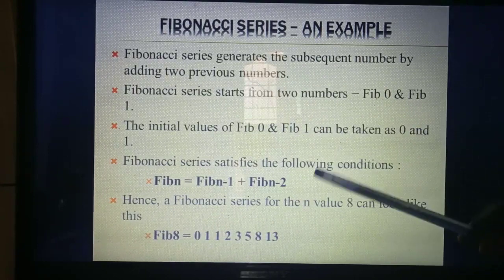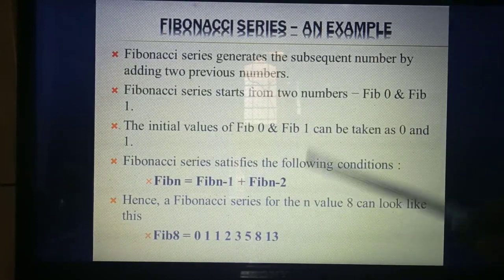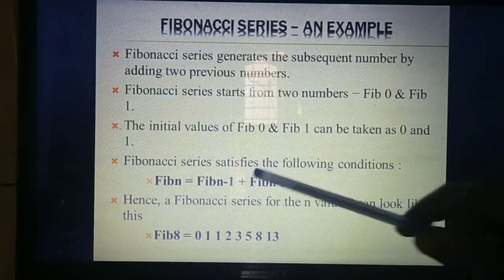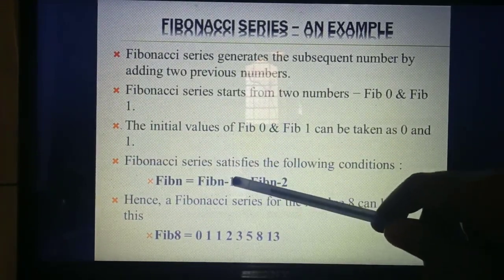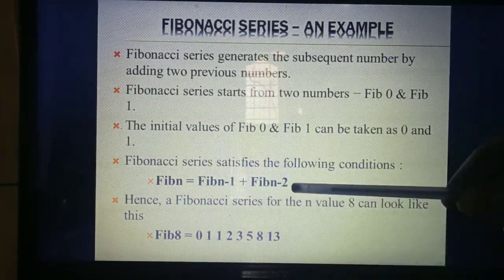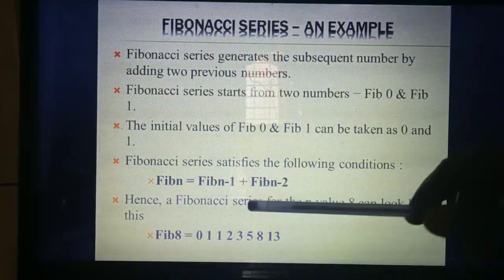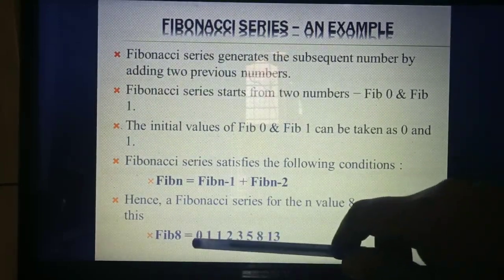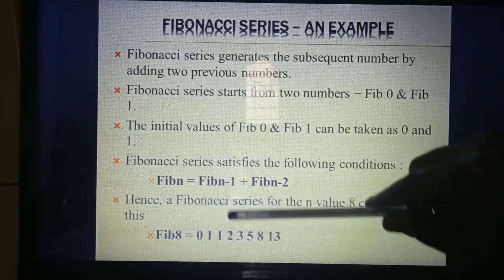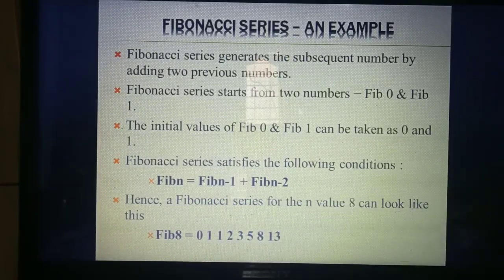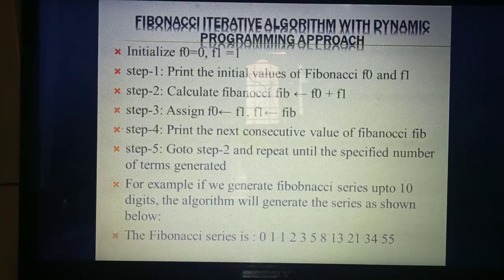It needs to satisfy the following condition: to get a particular value, I need to add the 2 previous numbers, n minus 1 and n minus 2. This series generates 8 values: 0 plus 1 is 1, 1 plus 2 is 3. You need to add 2 numbers, then you will get the correct answer. Understand? Yes.